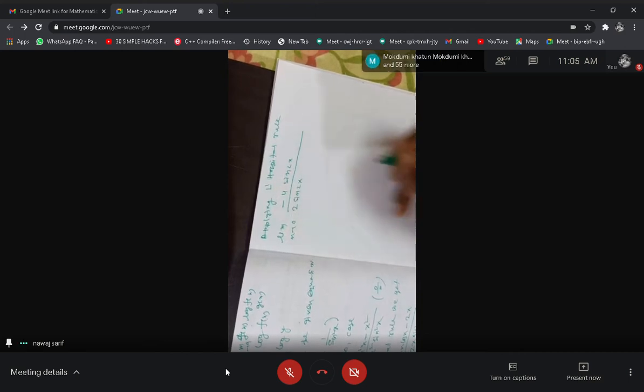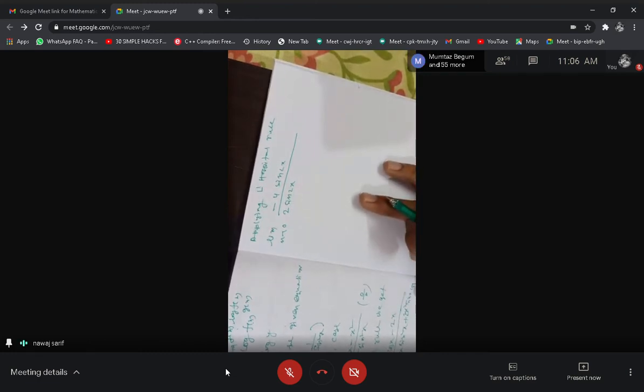The derivative of 2 sine square x is what? 2 sine 2x. Now the derivative of 2x sine 2x: there are two terms, so this is plus 4x sine 2x.